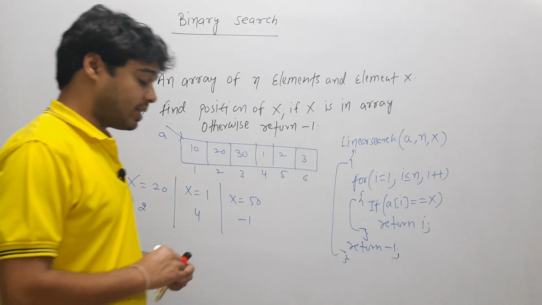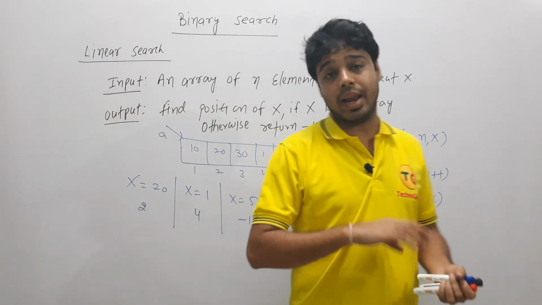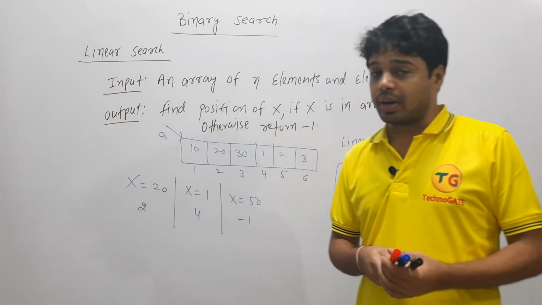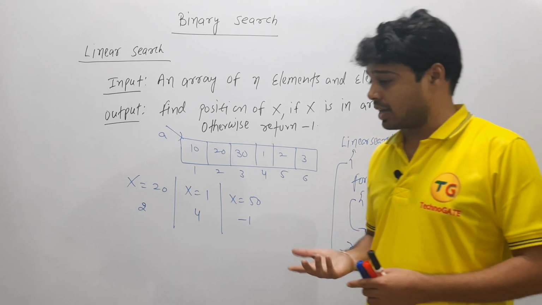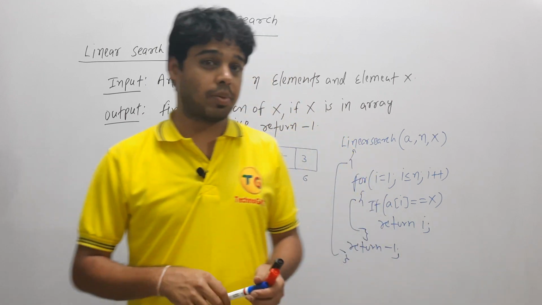So what is the time complexity here? If the element is found, it is a successful search. If the element is not found, it is an unsuccessful search. So there are two types of searching.